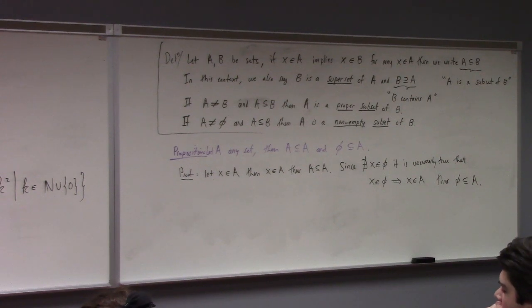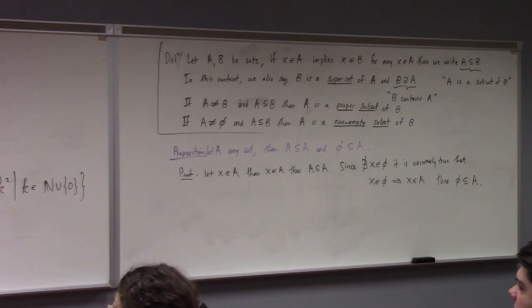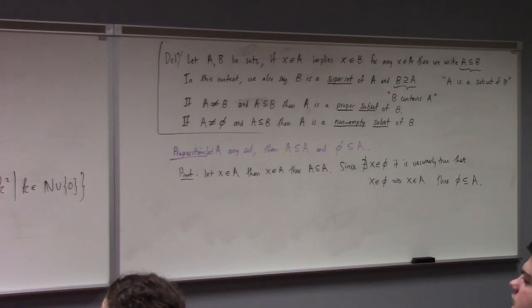Our definition for this is what? This means A and B have the same elements. That's the definition of them being equal by our axiom of, quote-unquote, extensionality.